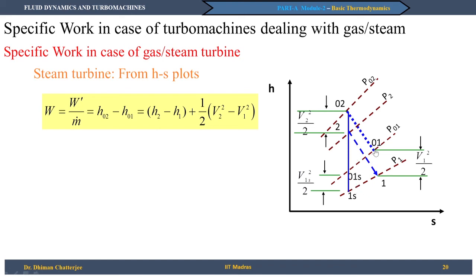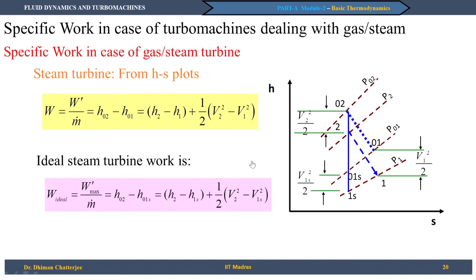This is the actual one, and it can be written as H2 minus H1 plus half V2 squared minus V1 squared. The maximum or ideal steam turbine work we could have got is H02 minus H01s, which is again given by H2 minus H1s plus half V2 squared minus V1s squared.